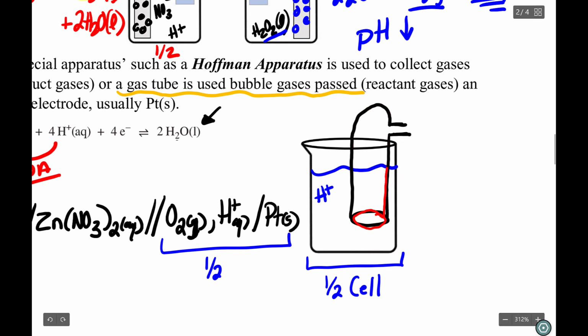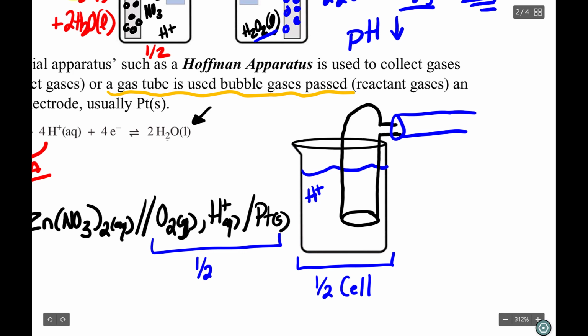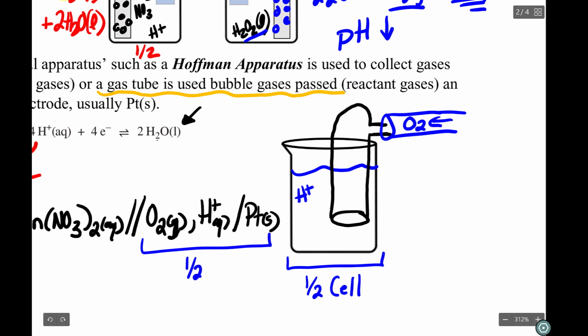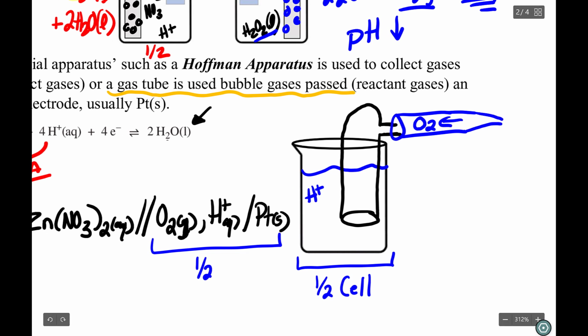And then what you would do is connect this little nozzle to a hose, and that hose would be pumping oxygen gas into that tube. And this would just connect to a big gas cylinder of oxygen, or if you were in a really nice fancy lab, you'd probably have oxygen coming out of basically the same thing as gas would come out of.